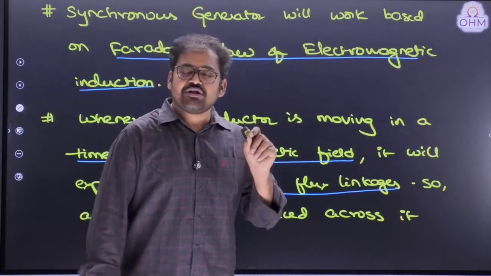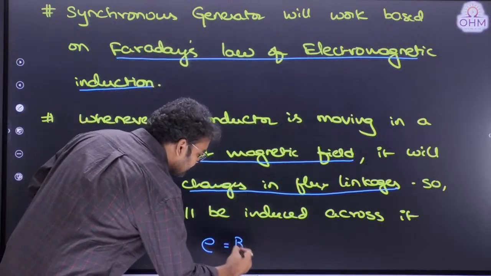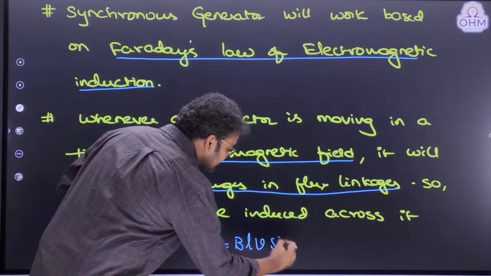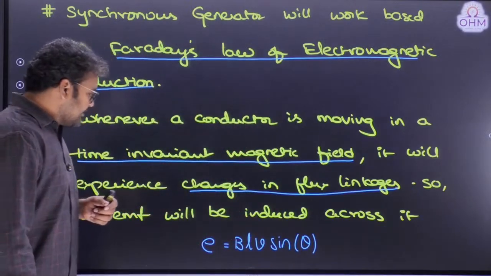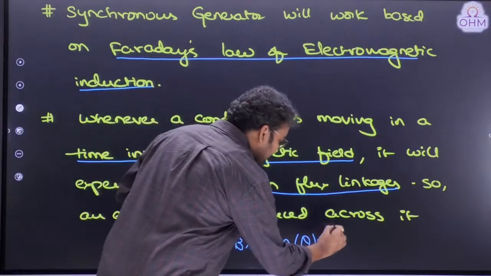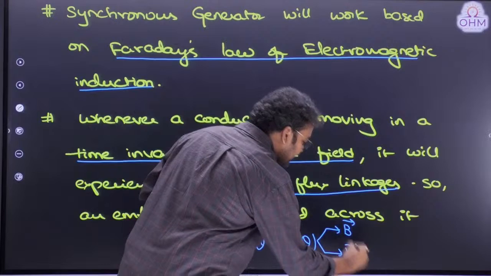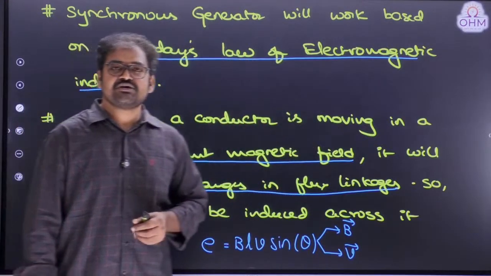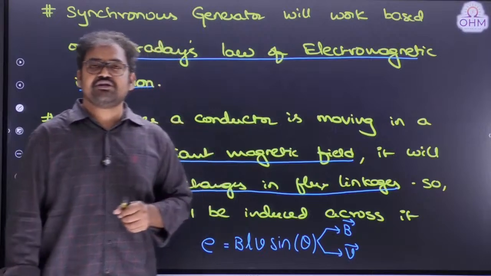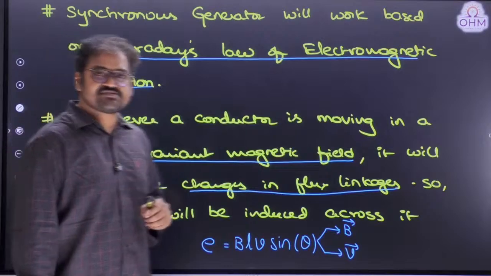According to Faraday's law, the magnitude of that induced EMF is equal to BLV sine theta, where theta is the angle between flux lines and conductor movement. If the angle is 90 degrees, maximum EMF will be induced. If the angle is 0 degrees or 180 degrees, EMF cannot be induced. This is what Faraday's law says.